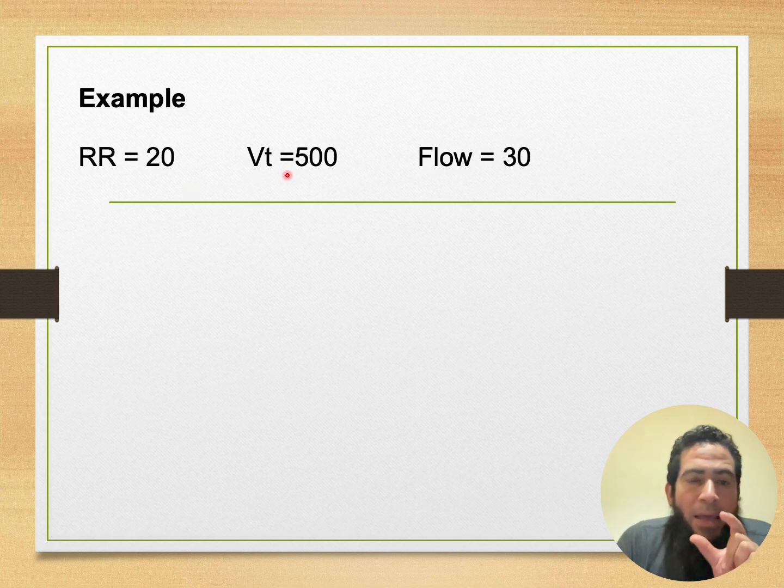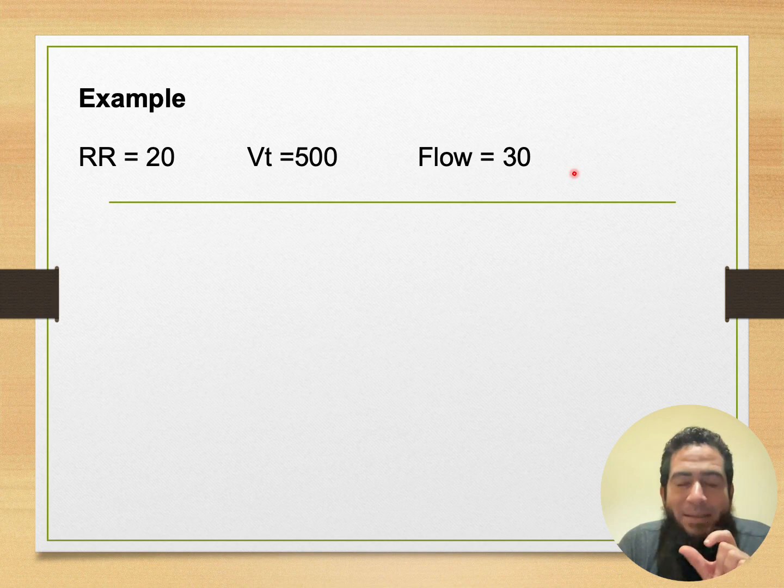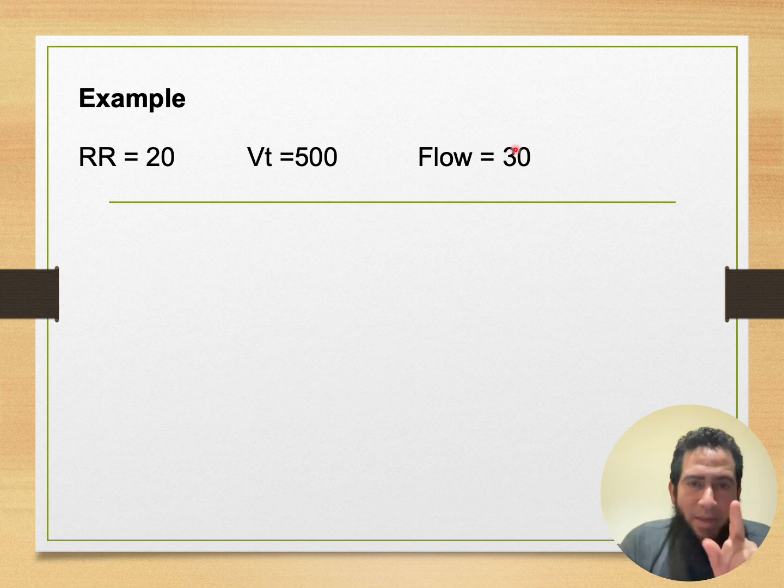Okay, and the tidal volume is 500 mL, which is half a liter, and the flow velocity is 30 liters per minute. Okay, so 30 liters per minute means that if you divide 30 by 60, it will be 0.5.